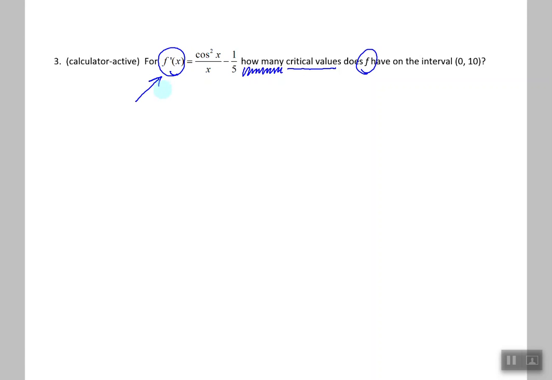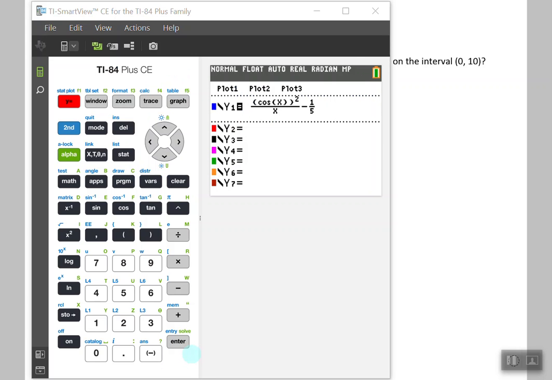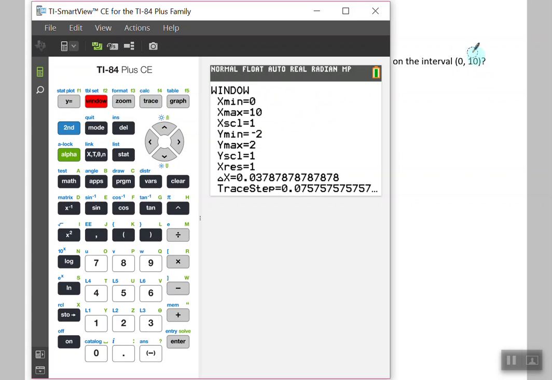Let's go to our calculator and plug the f prime of x function into y equals. I change my window to make sure that it's only showing the interval 0 to 10 so that I don't think about any other values. 0 is the x-min, 10 is the x-max, and I only need to see slightly under and over the x-axis.